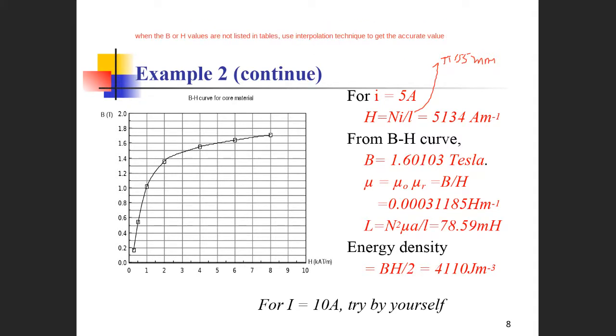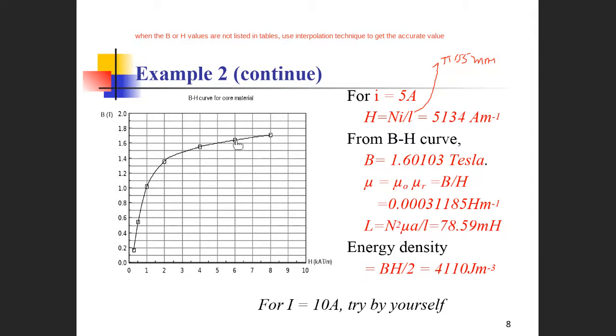For example, for this case, H values of 4,000 ampere per meter and 6,000 ampere per meter are given in the table.